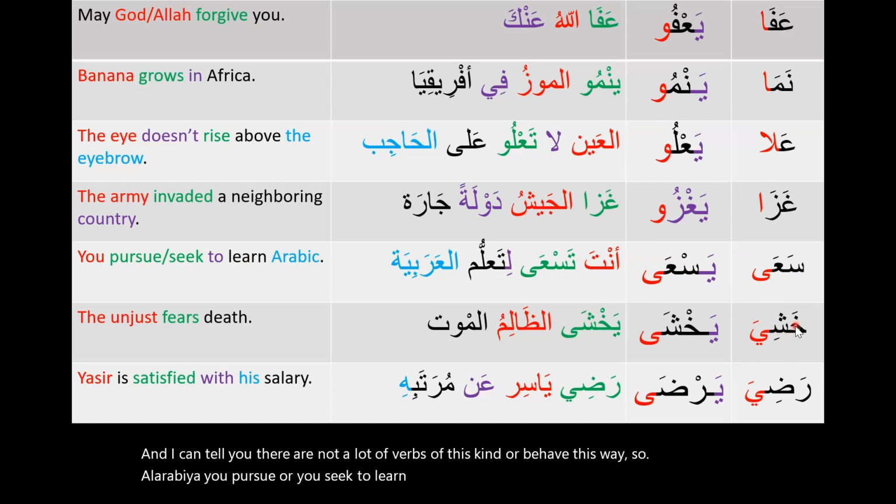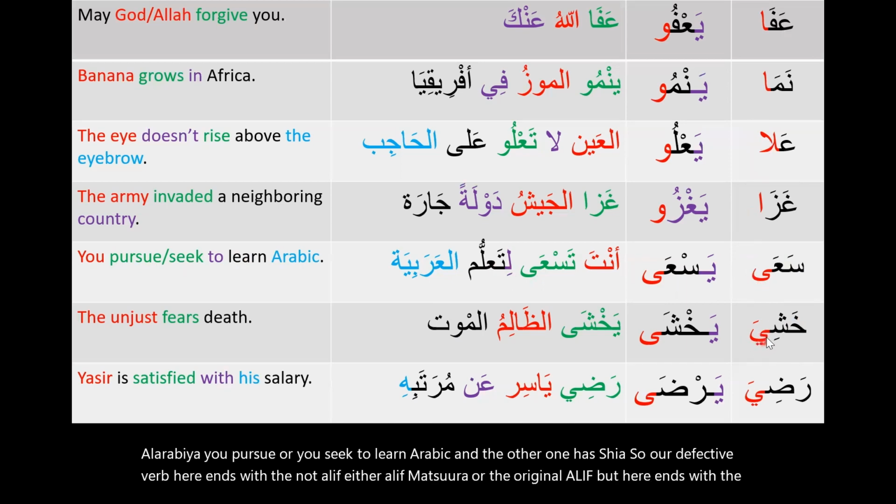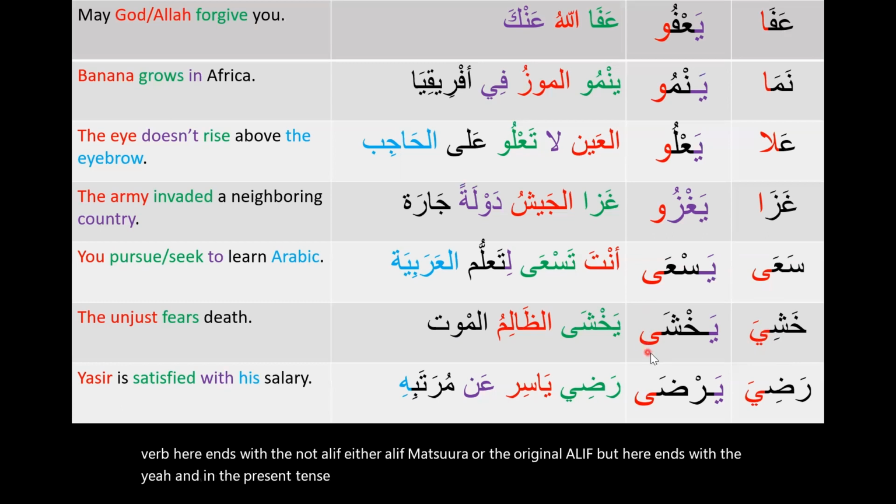And the other one, خشية. So our defective verb here ends with the ya, not alif, either alif مقصورة or the original alif, but here it ends with the ya. And in the present tense, we change that ya into alif مقصورة. Kind of like the reverse of the first set.